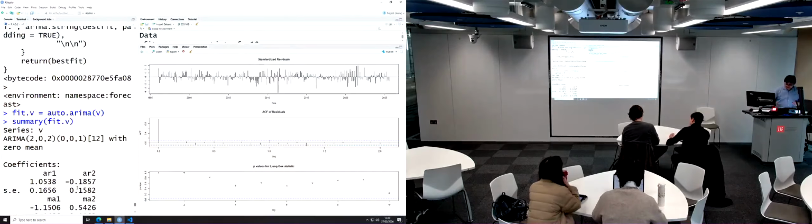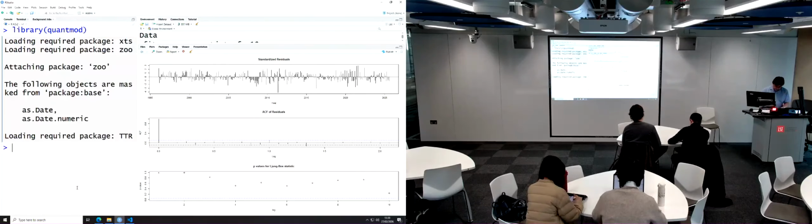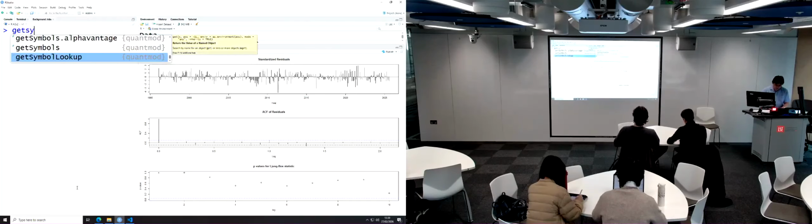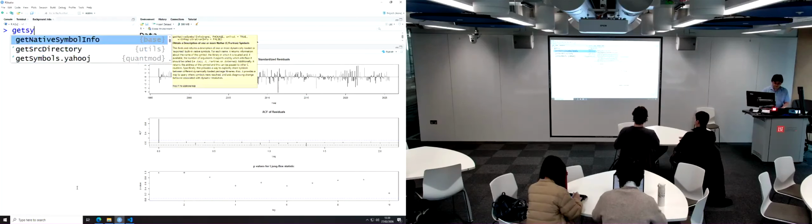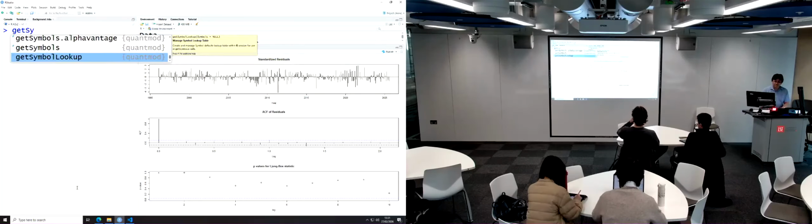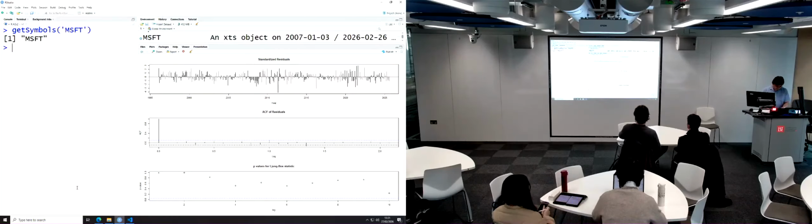So let me quickly demonstrate what I'm talking about with volatility clustering. I hope it's installed. There you go. Let's get Microsoft.